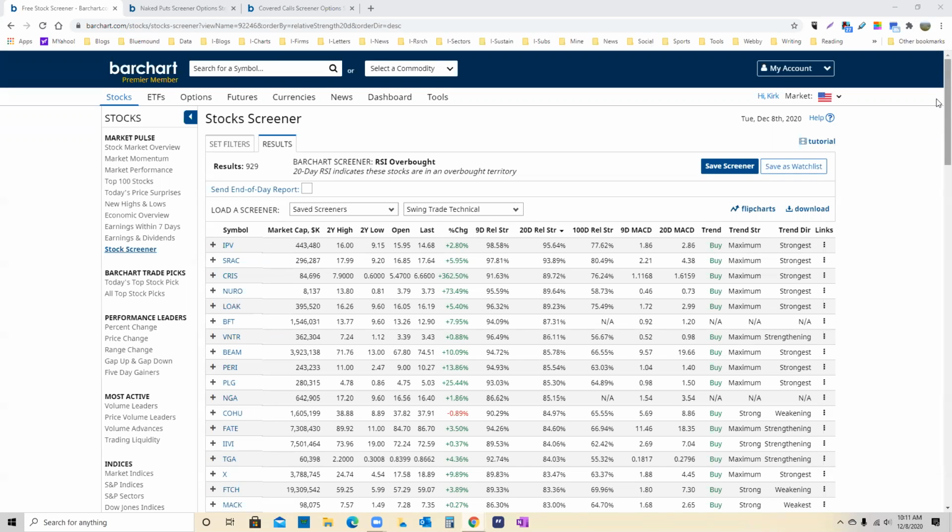And you can even use Bar Chart for charting, a lot like TradingView, and not quite as comprehensive as TradingView, but pretty much everything that you'd probably use unless you're really getting into swing trading.